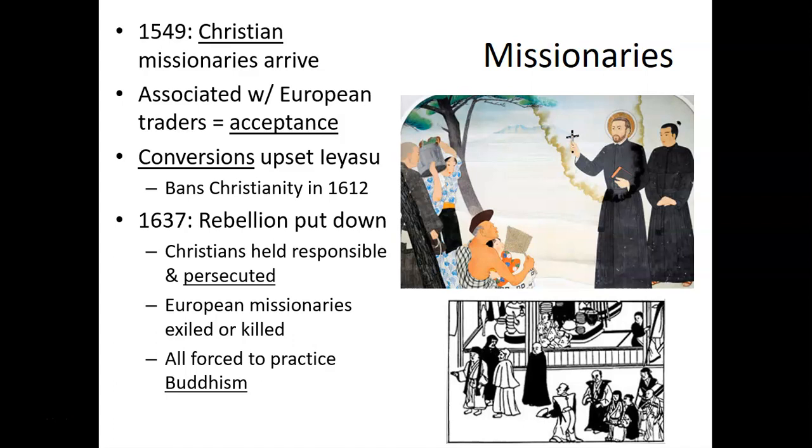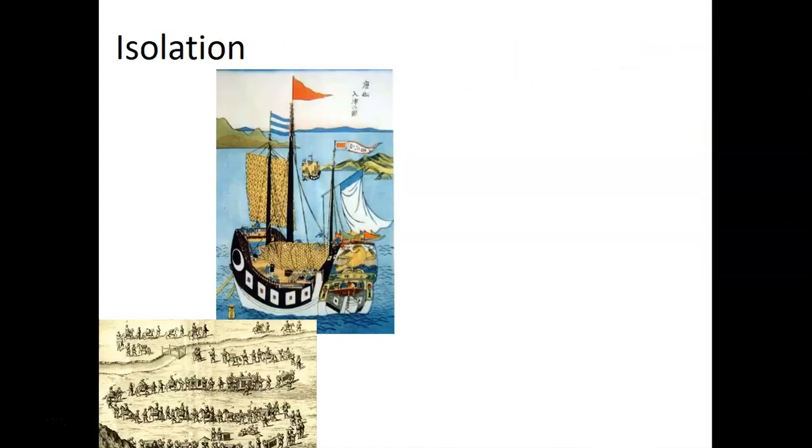They're going to be hunted down, jailed, tortured, killed in some instances, and they even go after European missionaries and kill several hundred if not thousands of them, or exile them out of the country. And they force all Japanese to not practice Christianity, and they have to practice Buddhism, which is the primary religion in Japan at the time before Christianity arrived.